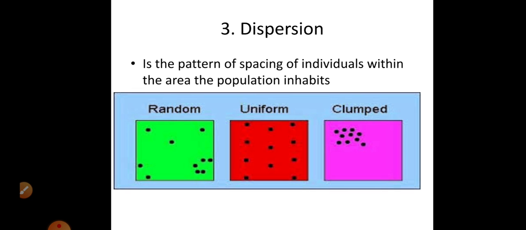Why? To make sure that every tree will get the same amount of water, so they won't compete on water sources. When they are clumped, it means that they have only one source of food or water, and they are clumping on it. They don't have other sources in the place, that's why they are clumping in this area.